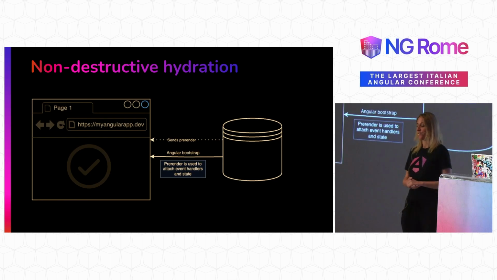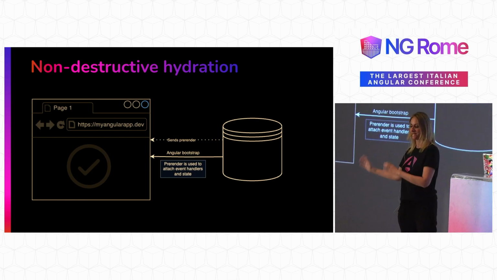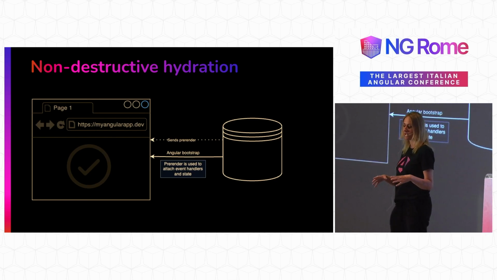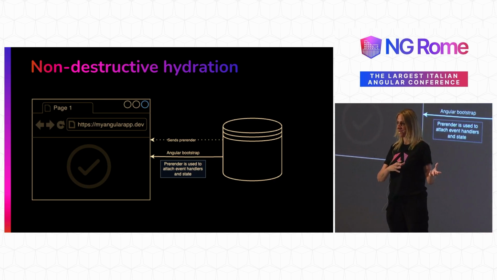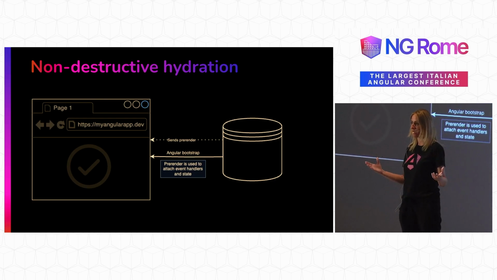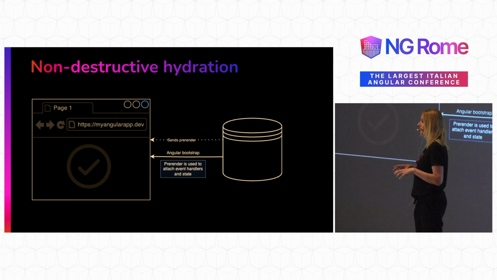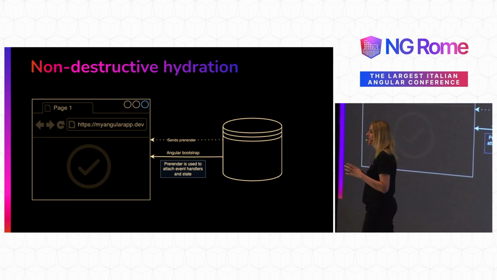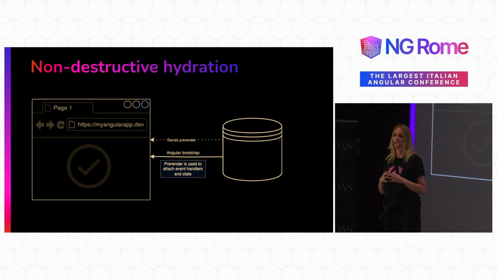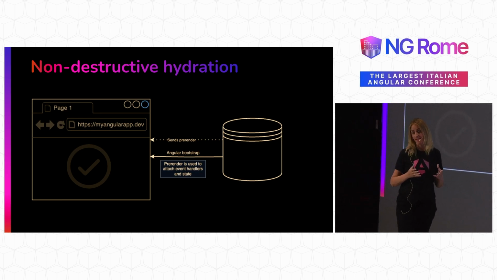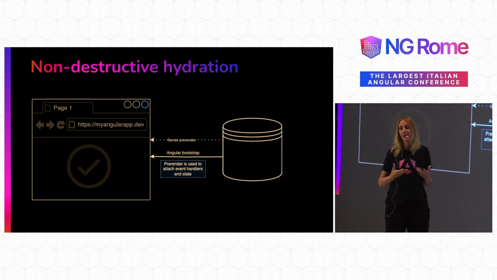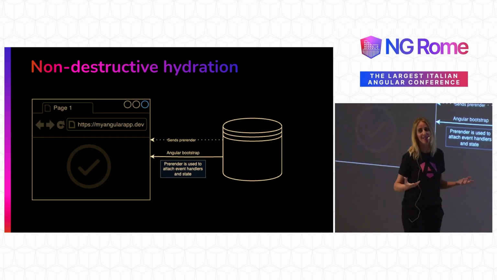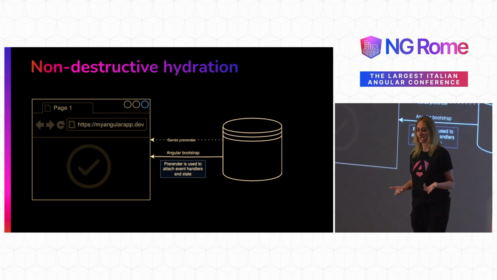And this is when we finally got to this place. Non-destructive hydration, so we send the pre-render, Angular gets bootstrapped, and the DOM is preserved, and then we can attach to this existing tree the event handlers and the state, and that, of course, is a fantastic optimization, but it's not enough. We need to continue to work.